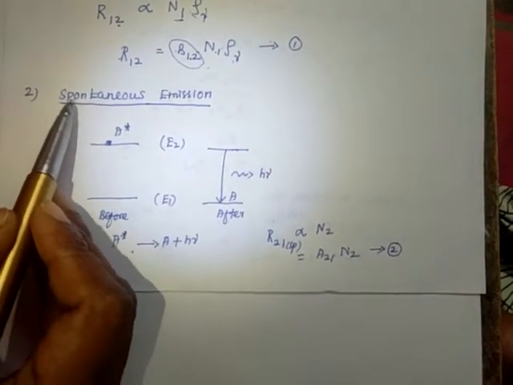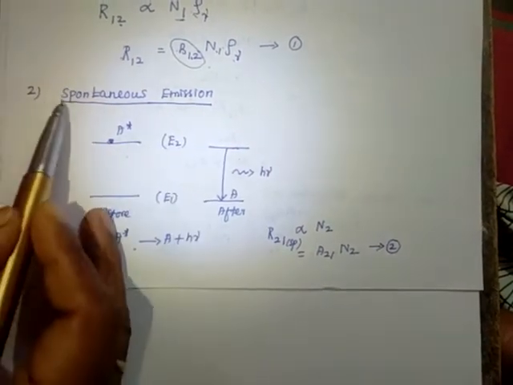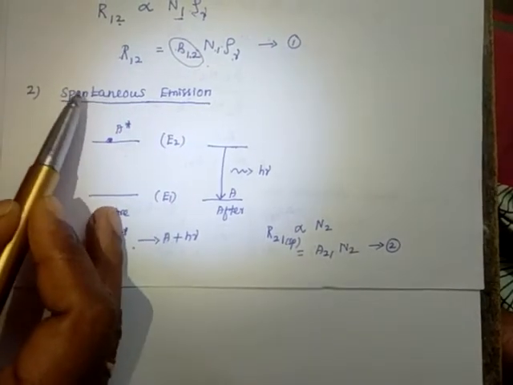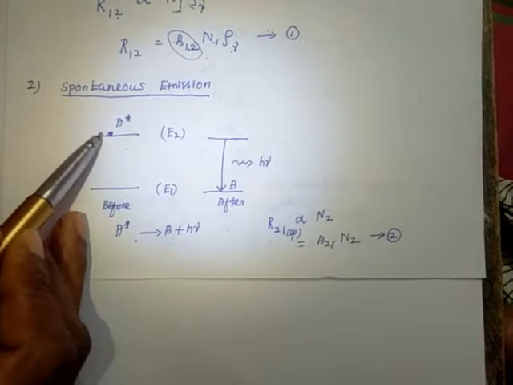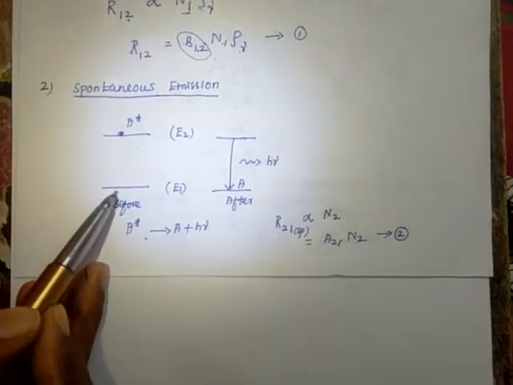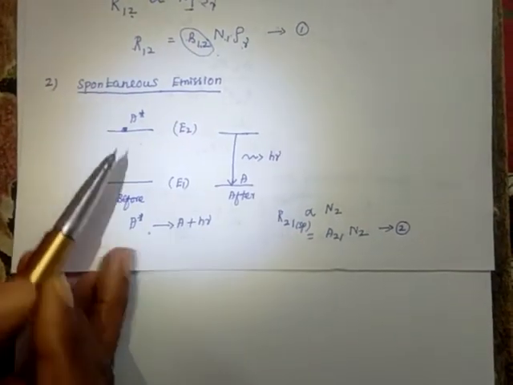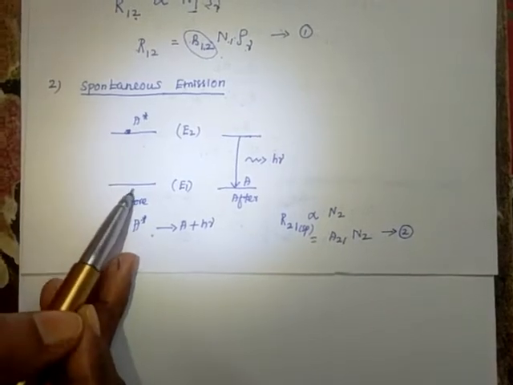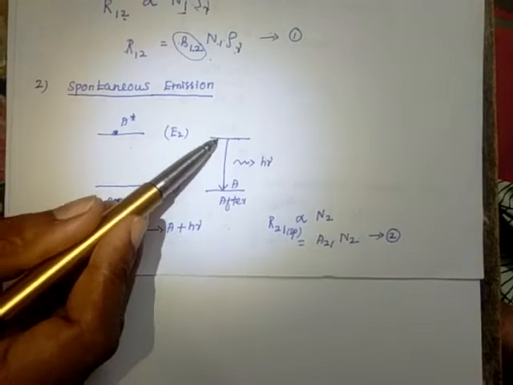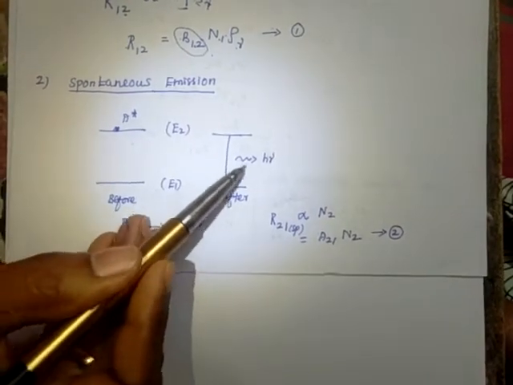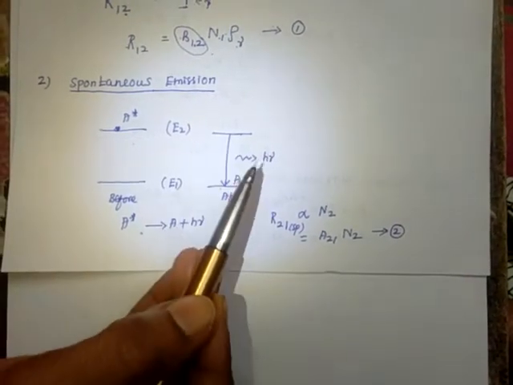The next process is spontaneous emission. Spontaneous means without any external influence: the atom which is present in the excited state directly comes to the ground state. That is called spontaneous emission. When it comes to the ground state, whatever it absorbs, it starts to emit.